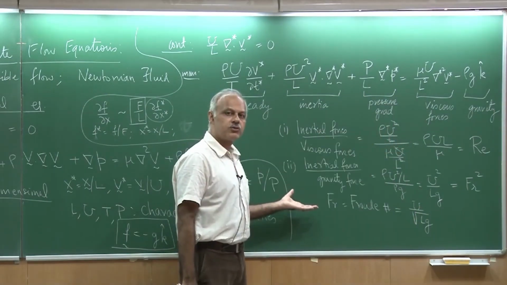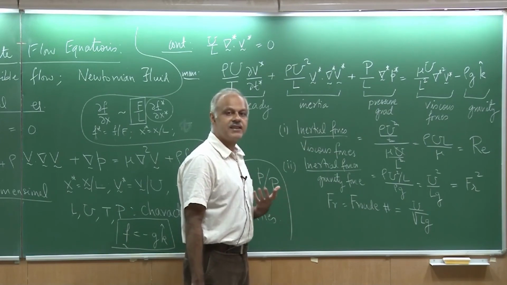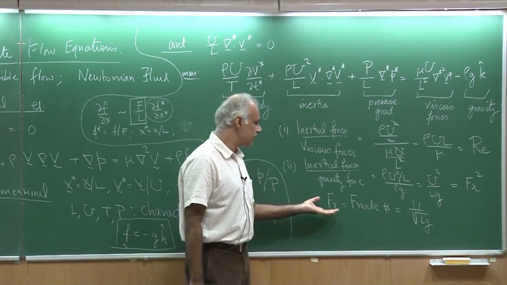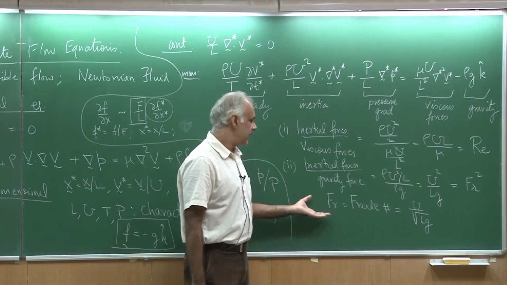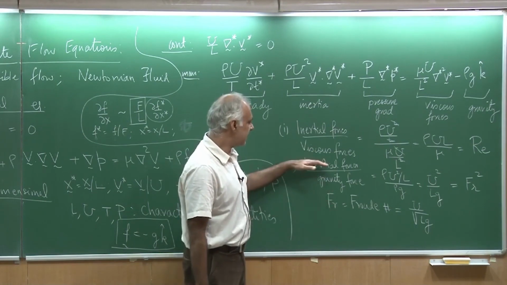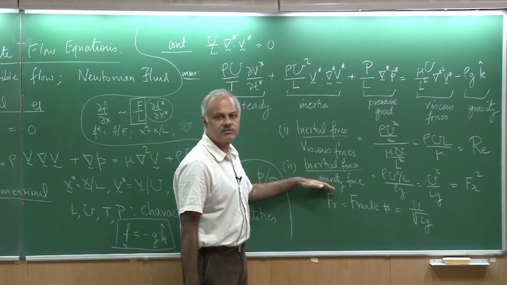So if I wanted to find out, for a certain phenomenon, whether my gravity term is important compared to inertia, all I need to do is look at the Froude number. If the Froude number is extremely small, that means the inertial forces are very small compared to the gravity forces.